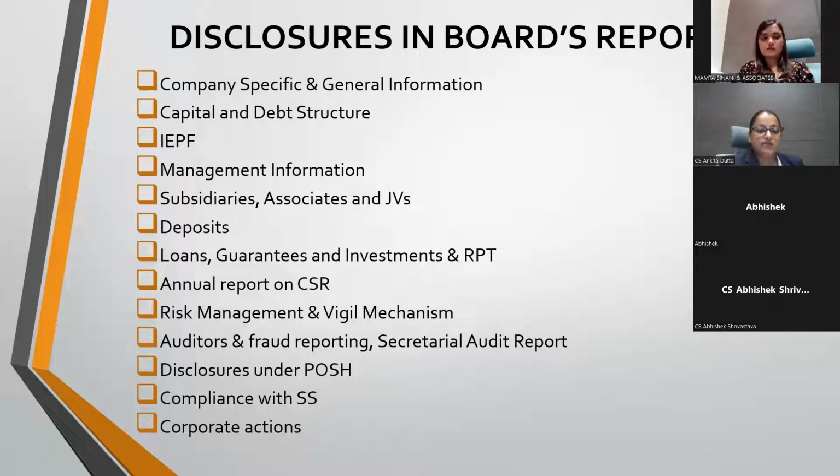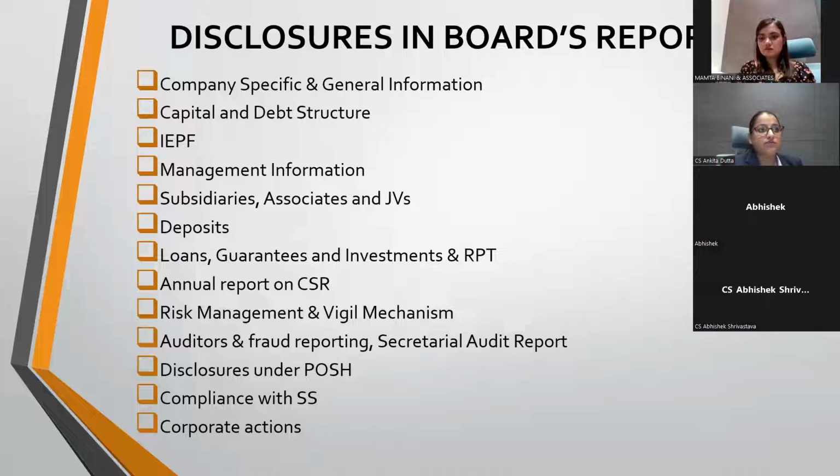Okay, next is compliance with secretarial standards. Whether the company is complying with SS-1 and SS-2, you have to give the details in the board's report. Now, next is corporate actions. So what are the corporate actions? Suppose a company is under CIRP.